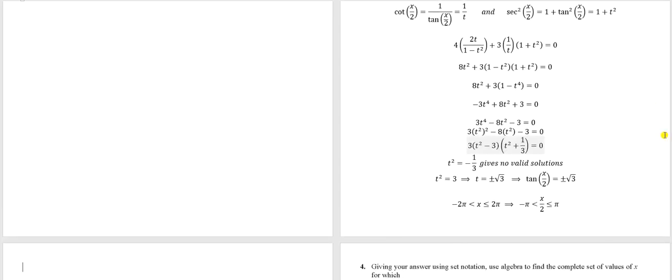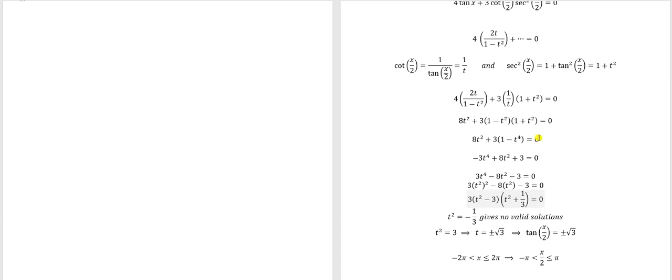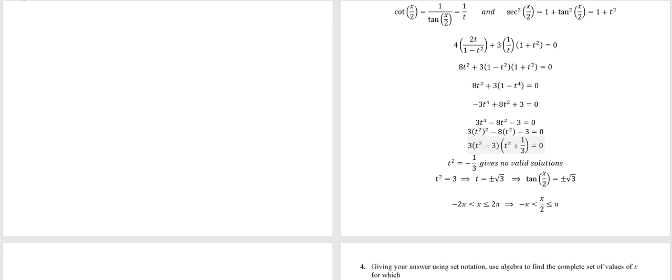All we need to do here is solve each of our two separate equations. So we have tan of x over 2 equals root 3. We can get x over 2 from that.